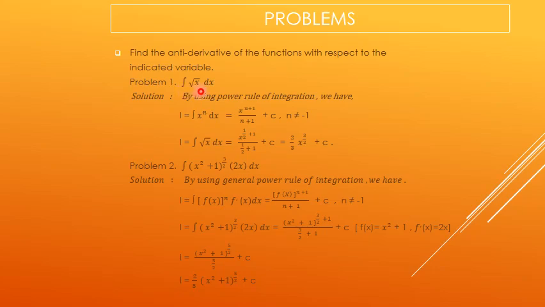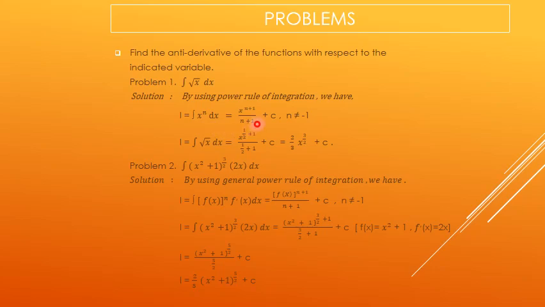So here we use this rule to solve this problem. We have the integral of radical x dx equals to, okay, when we take the variable x, the value of the radical is 1 upon 2, and we know that 1 upon 2 is the value of n. 1 upon 2 is the power of the variable.